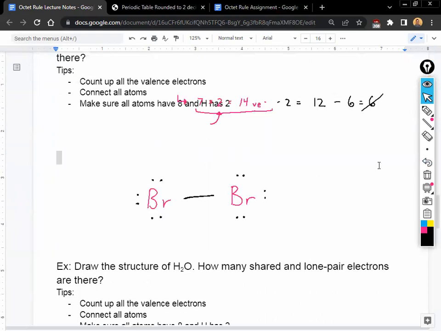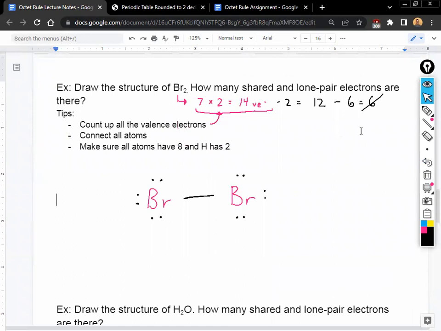We have to count the lone pairs and stuff. This part's really easy. The second part, shared electrons, basically means how many electrons are inside of these lines. If there is one line, how many electrons are shared? 2. Yeah, it's 2 shared electrons, because remember, every single line is 2 electrons.